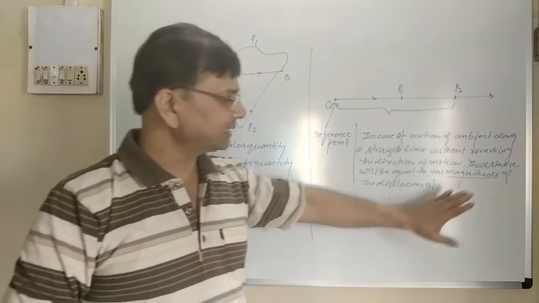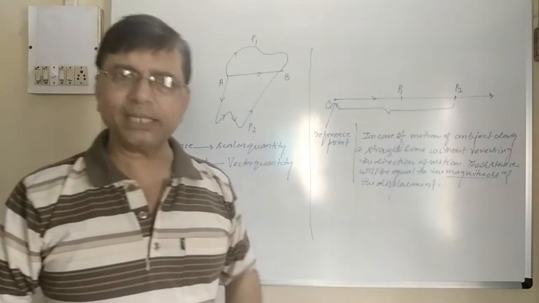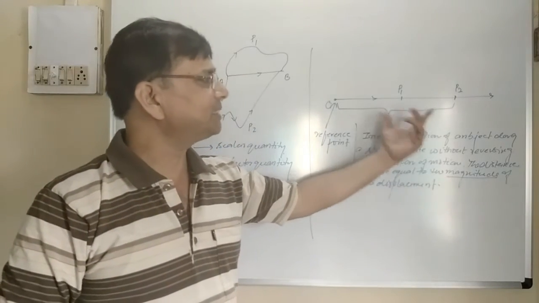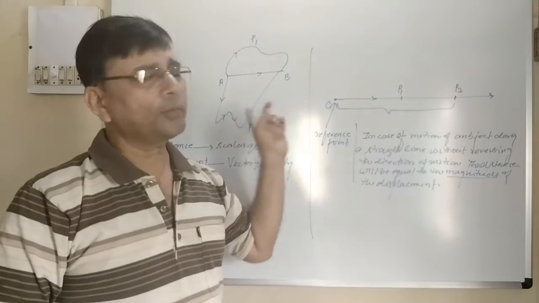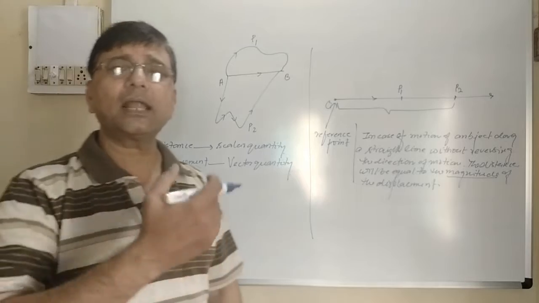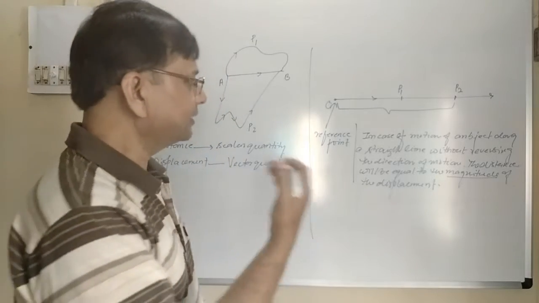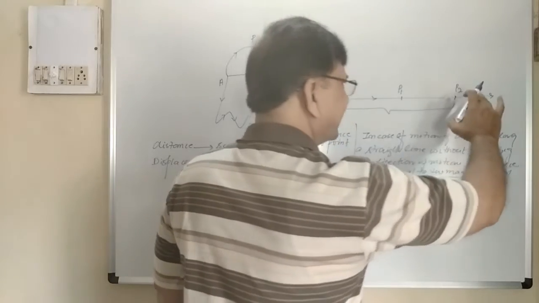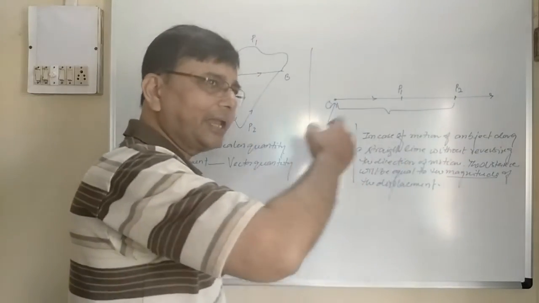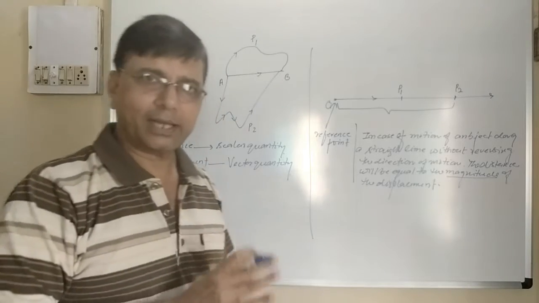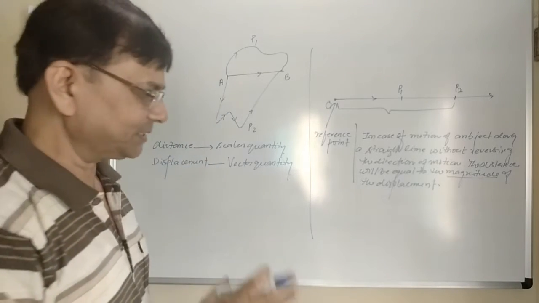So here two things are there, magnitude as well as direction. Here we are talking about the magnitude of displacement when the object is moving along a straight line and there is no reversal of the motion. It means the motion is along this line only. It is not getting reversed. So at any position, distance and displacement will be equal as far as the magnitude of the displacement is concerned.